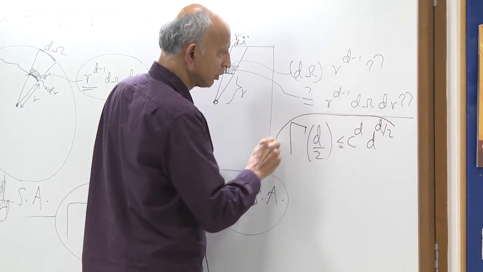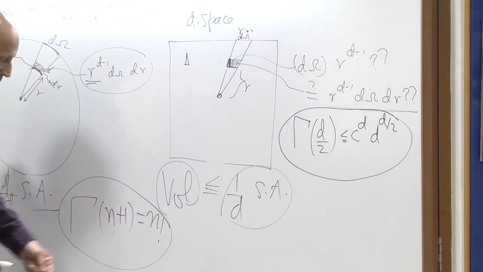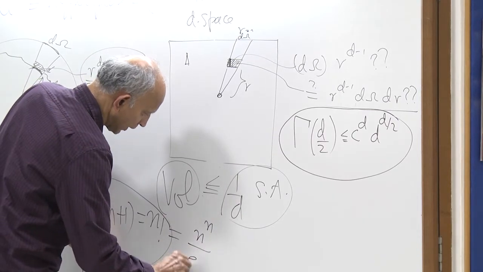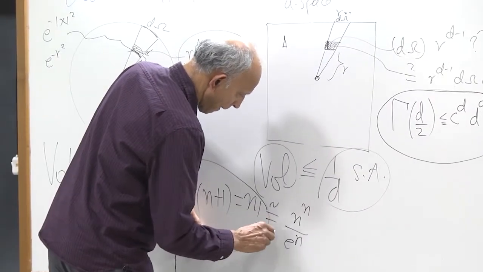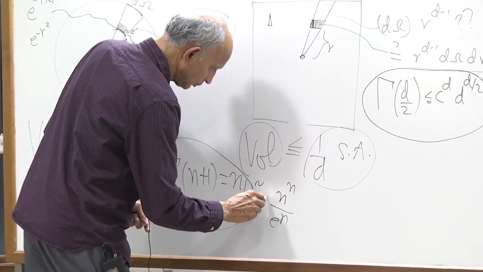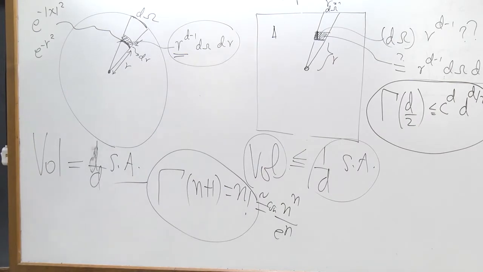It's like the factorial function. So n factorial, you know, is approximately n to the n over e to the n. There's a root n, but I think root n is upstairs. This is Stirling's approximation.